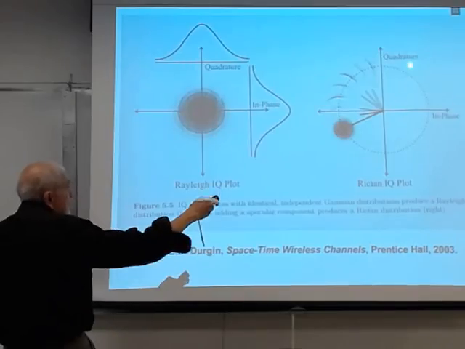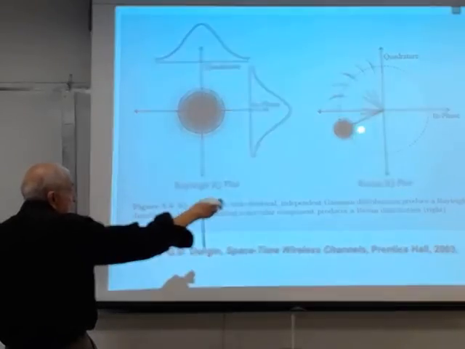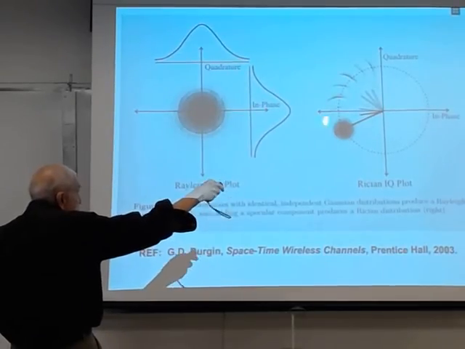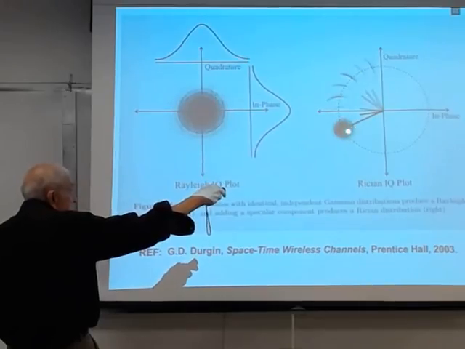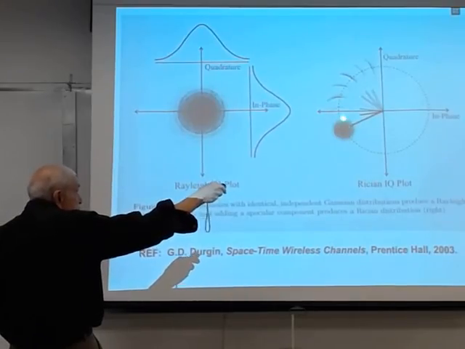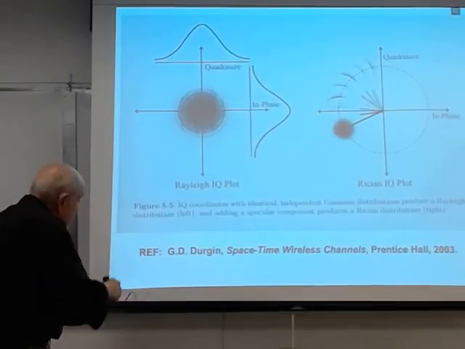While in the case of a Ricean, as this phasor is going round and round, there is a line of sight and there's a blooming on the tip of that vector.